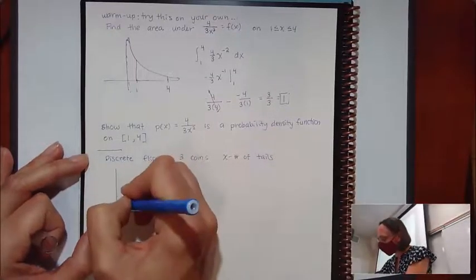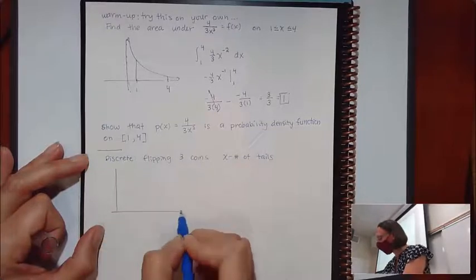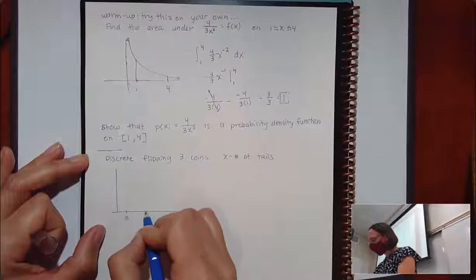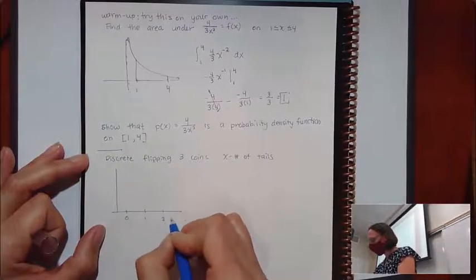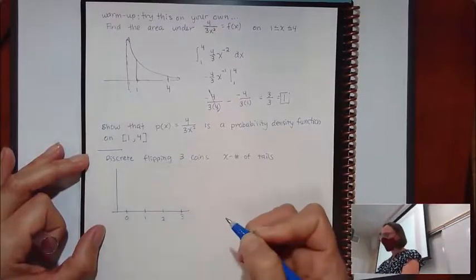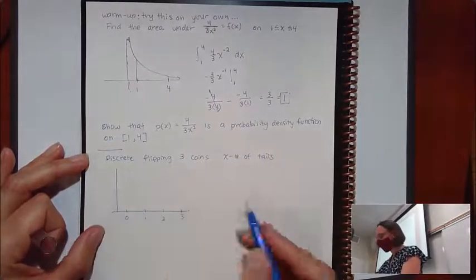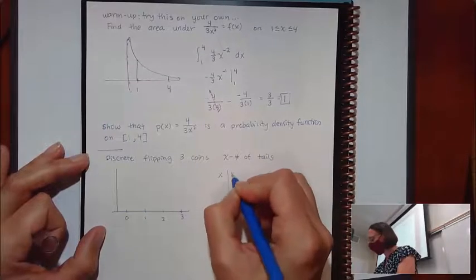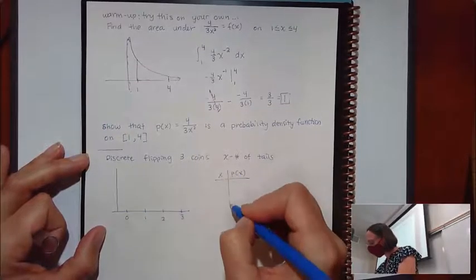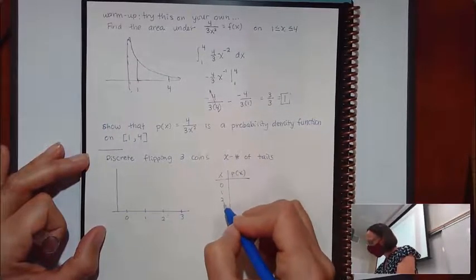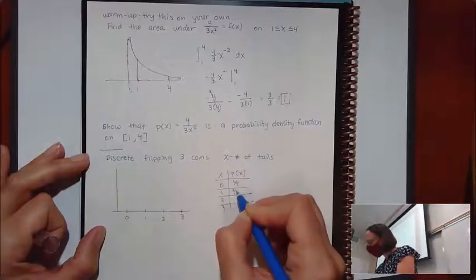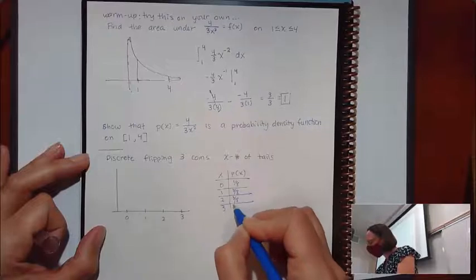Well, I could think about graphing that as well, where my x values were 0, 1, 2, or 3. We did this before, so I'm just going to recreate the chart super quick. 0, 1, 2, 3. This is 1/8, 3/8, 3/8, and 1/8.